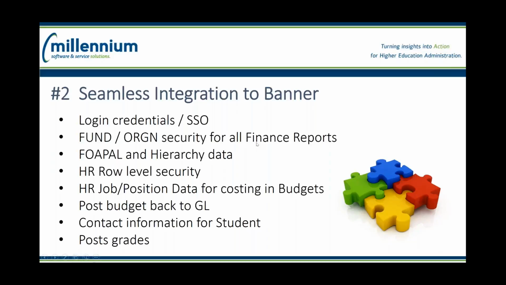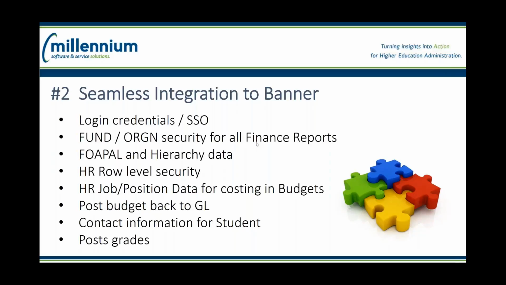So just from the login screen alone, we are able to log in with allowing users to use their Banner credentials, or if you have a single sign-on solution already on campus, we can use that. Or if you're using a Luminous portal or some other type of portal, we can also use those to allow people to log into the FAST application.